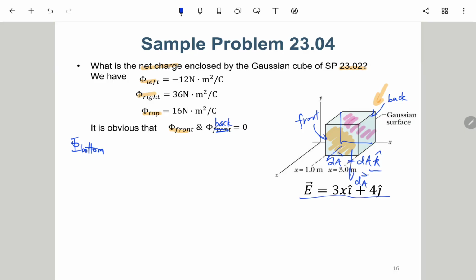dA will be negative dA, in the negative y direction, negative j hat.